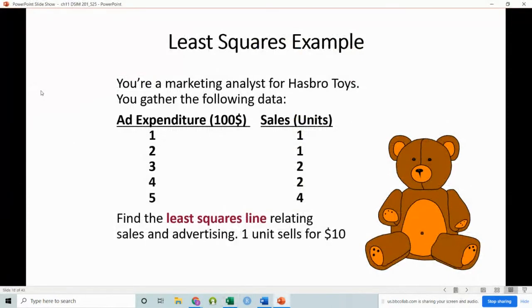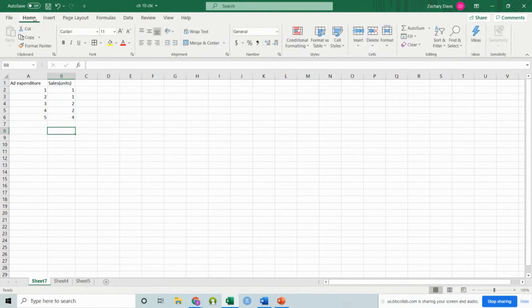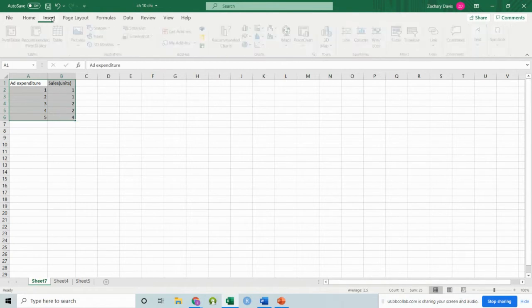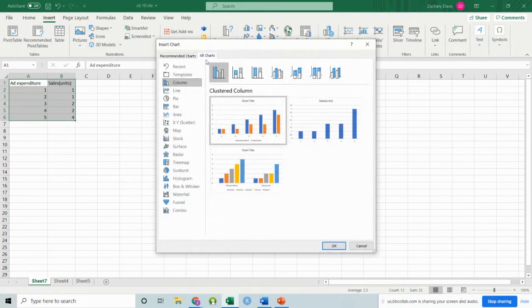And we have 1, 1, 2, 2, 4. All right, so there's a couple of ways we could go about doing this. We could insert a chart, say a scatter plot.